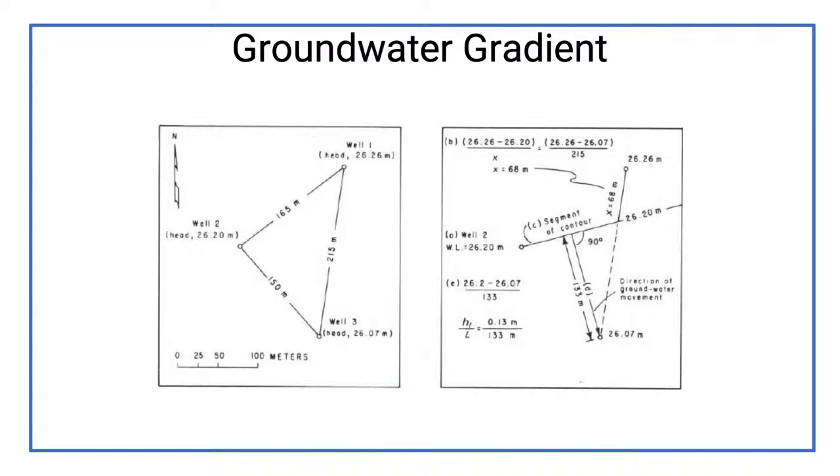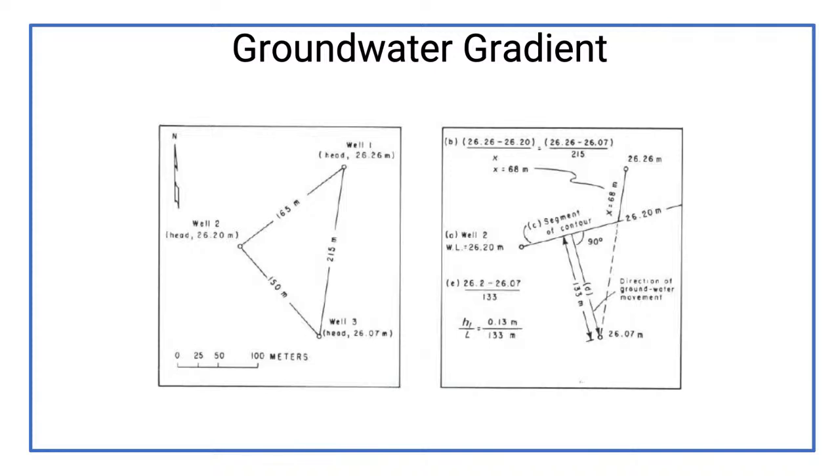What we want to do is draw a line, this is a simple three-point problem in hydrogeology. We want to draw a line from the highest to the lowest, and then see where on that line the elevation for the static water level, or the head, for well 2 plots.